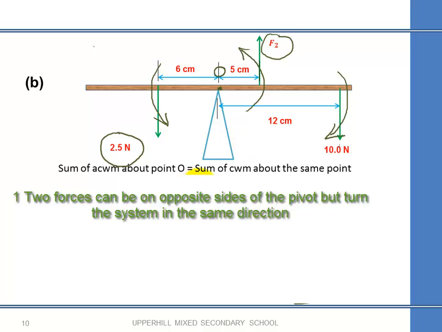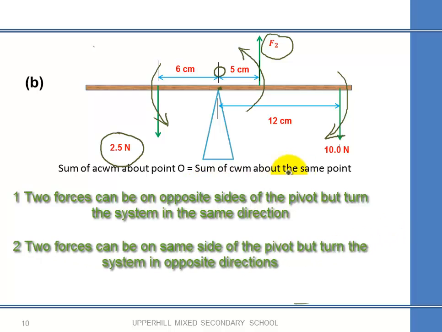Another point we might want to note in this question is that we can have two forces on the same side of the pivot, but they turn the system in different directions. F2 and the 10 Newton force are on the same side of the pivot, but F2 turns the system anti-clockwise while the 10 Newton force turns the system clockwise.